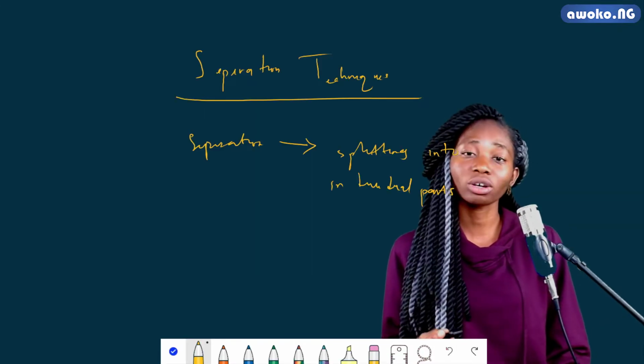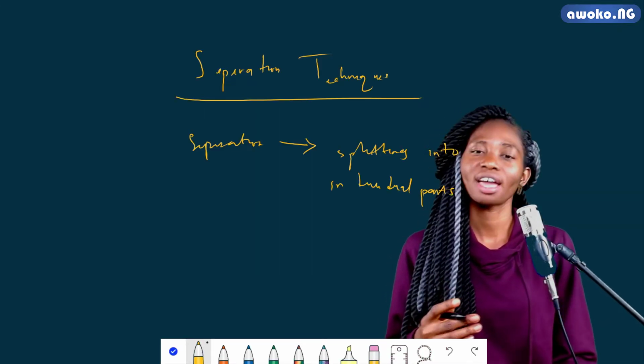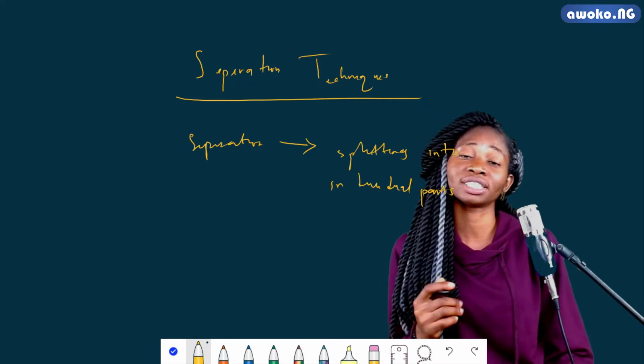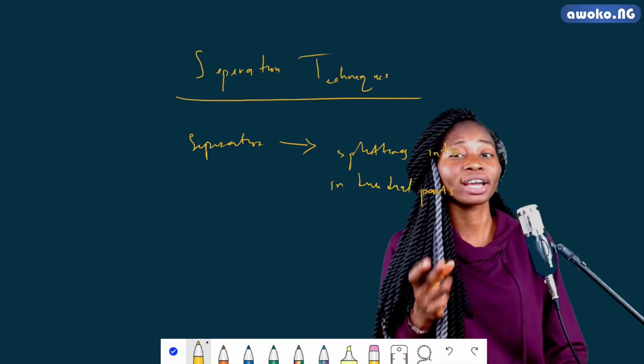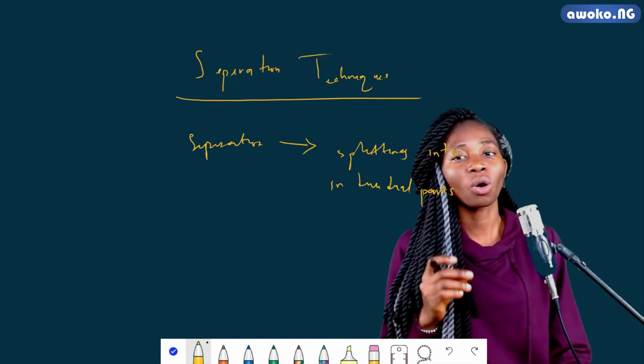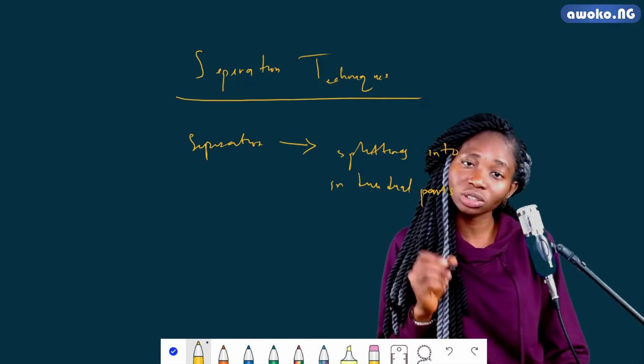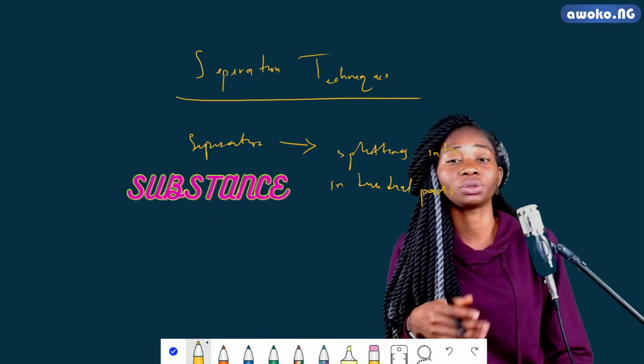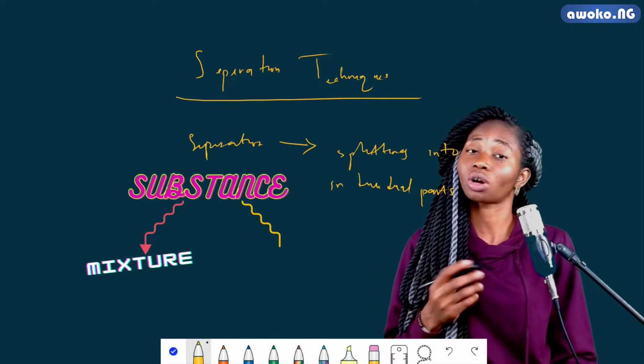Now, I'd like us to note that every separation technique or every separation method in chemistry is dependent on the properties of the constituents of that particular substance. When I refer to substance, it could either be a mixture or it could be a compound.